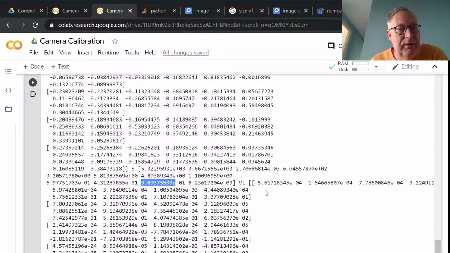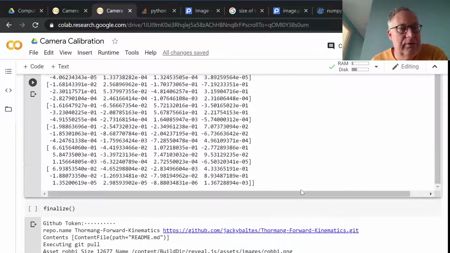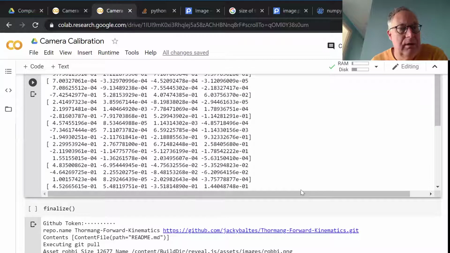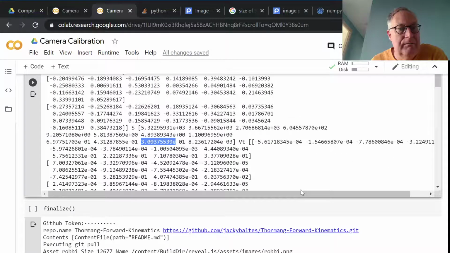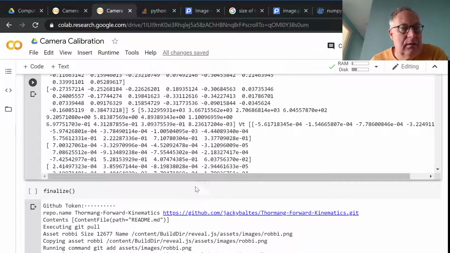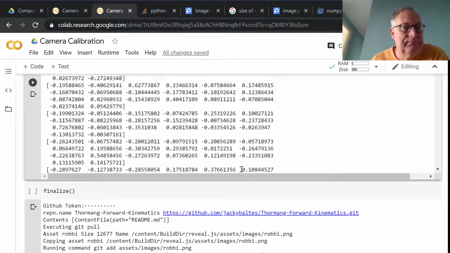And here's our matrix VT. Now what we're interested in is the last column, the last entry that we have for each one of those. That will be a solution for our camera calibration problem.